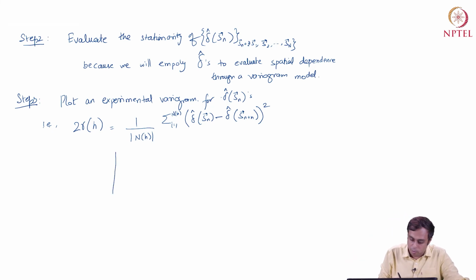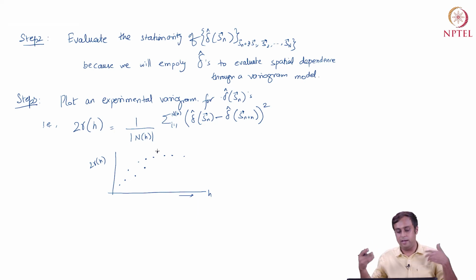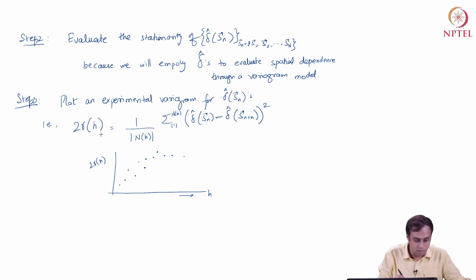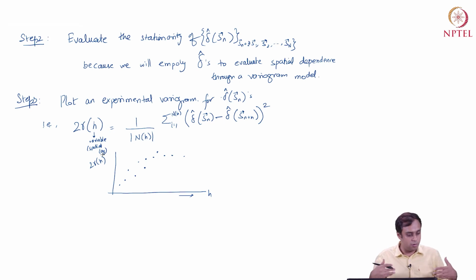If you want a little bit more familiarity, we had plotted the variograms. We had seen the variogram cloud, and basically you're looking at something like this. So you are looking at these variogram values at different levels of lag. So you vary h, h itself is a variable. It's a spatial lag. So with this h, you can figure out some very important properties.